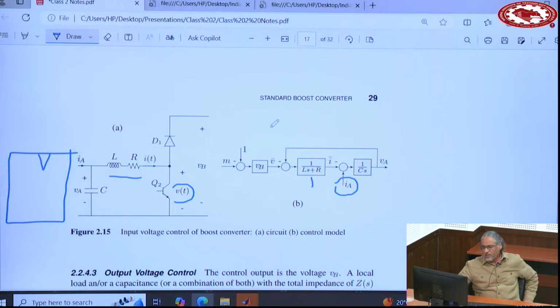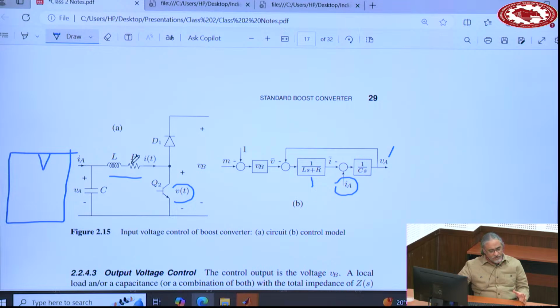If you look at this diagram, it has an input modulation index that you forward to the PWM block, and the output is the voltage across the PV. So it's perfect for controlling the voltage across the PV panel. It's linear, fortunately. So for the boost converter, if you want to control the voltage across the PV, it's a linear model. You can easily do that, no problem.